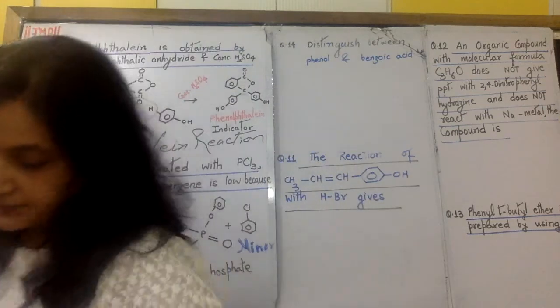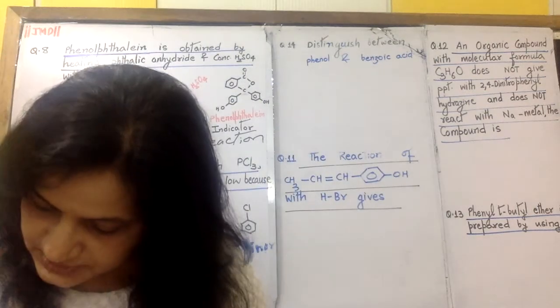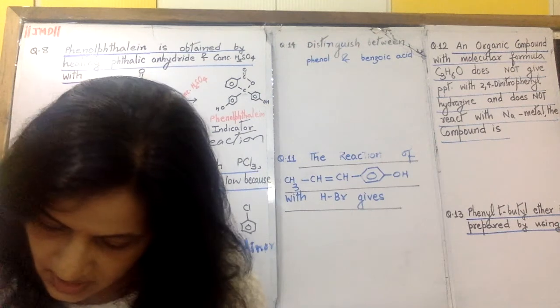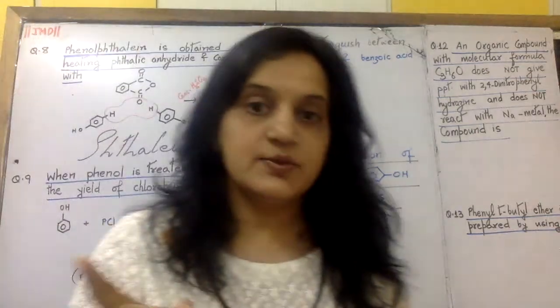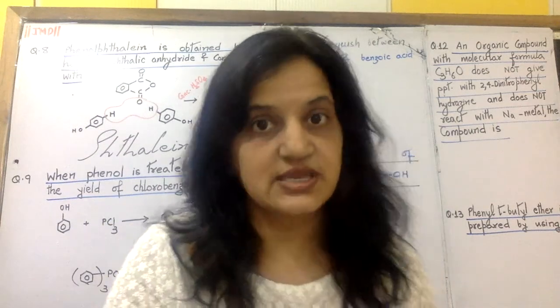Okay, अभी options हैं. I'll just see it in the book. The options are dilute HCl, dilute H2SO4, 5% aqueous NaOH and 5% aqueous NaHCO3.